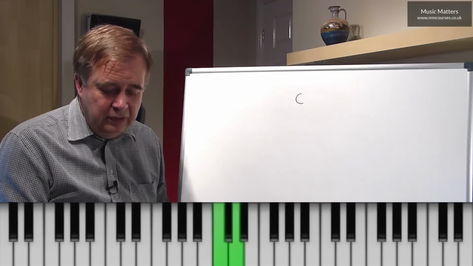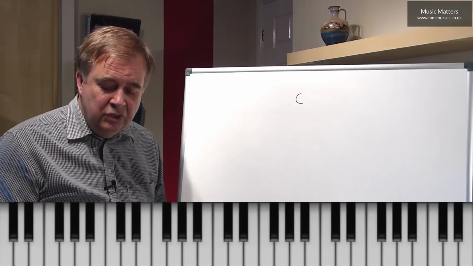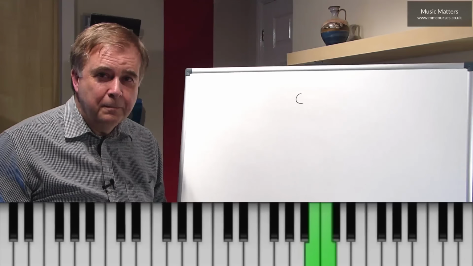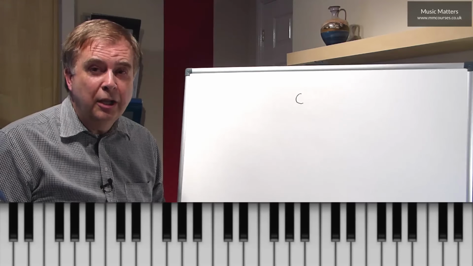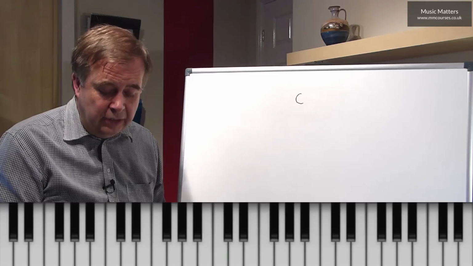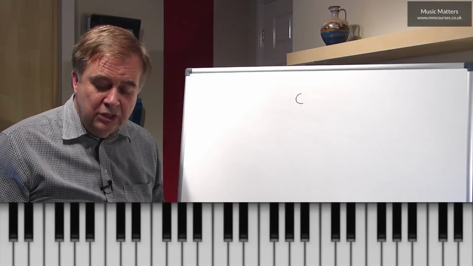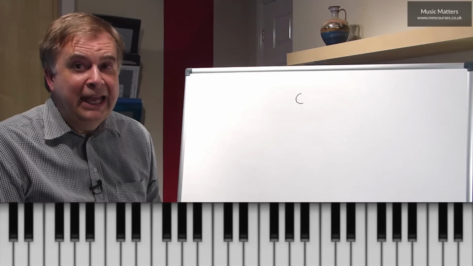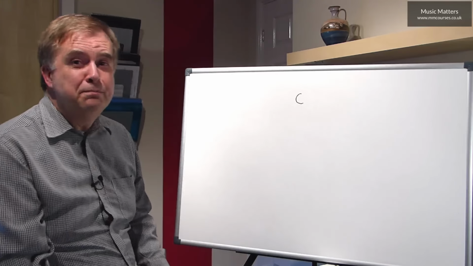It goes tone, tone, semitone, tone, tone, tone, semitone. And that's how we know that C major has got no sharps and no flats, because as you work out tone, tone, semitone, tone, tone, tone, semitone, you realise that you don't need any sharps or flats. So C major is our first major key.